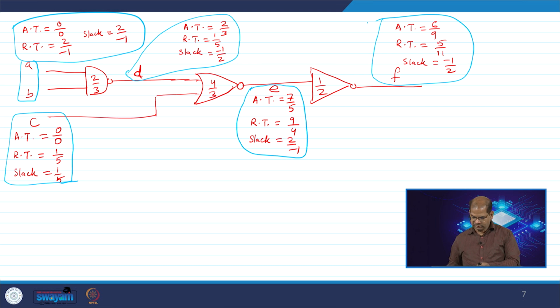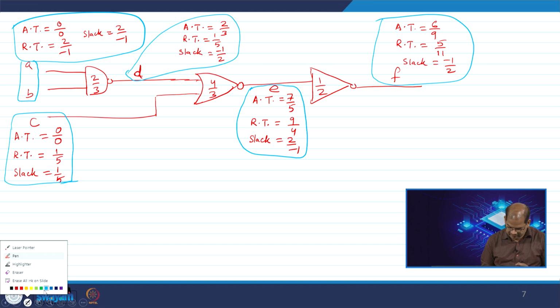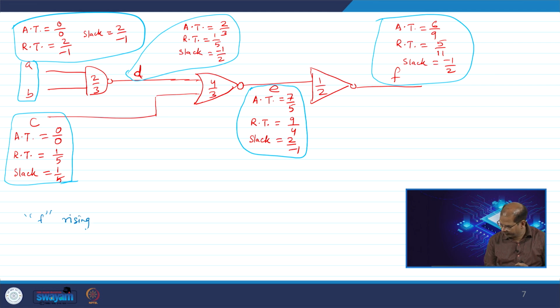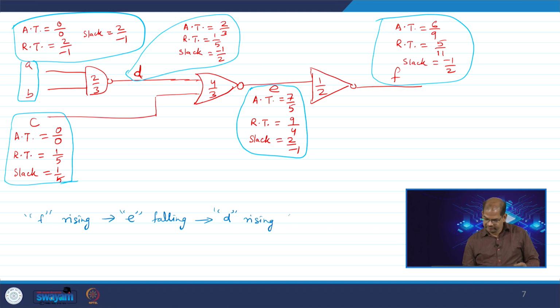The critical path is the one having the largest negative slack. So, my critical path in this design, if I write, is F rising, E falling, then D rising, then either A or B, both falling.